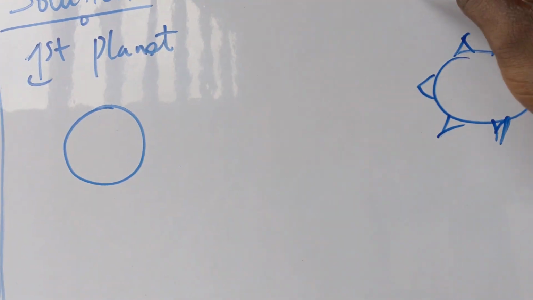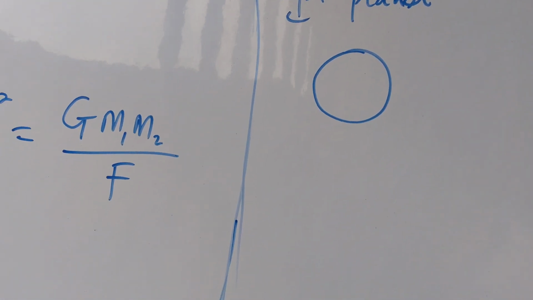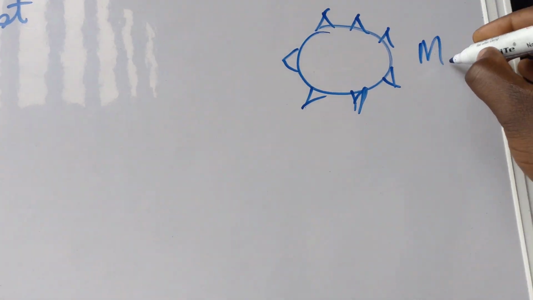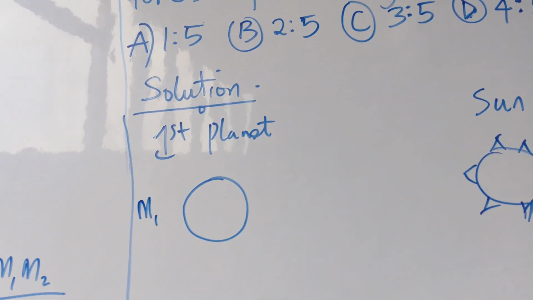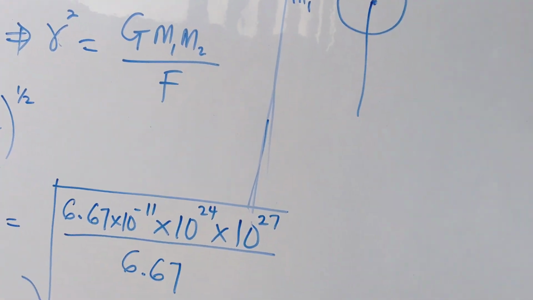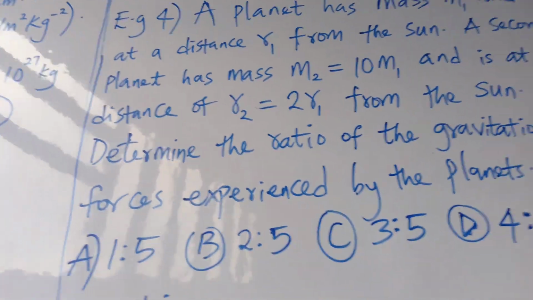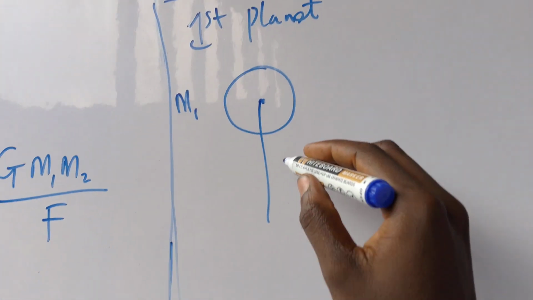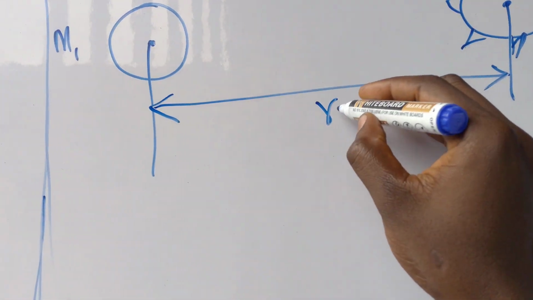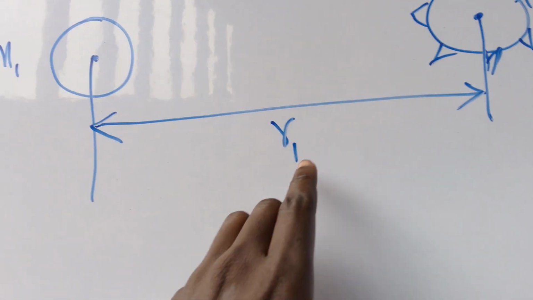The mass of this planet is m1, and the mass of the sun is ms. Now this is their center. However, we are told that it has a distance r1 from the sun. So the distance between the first planet and the sun is r1.